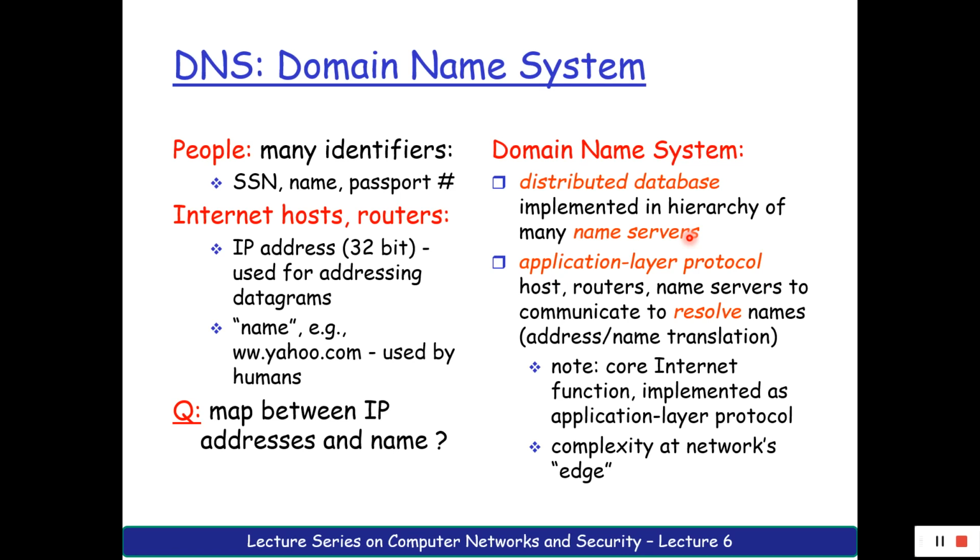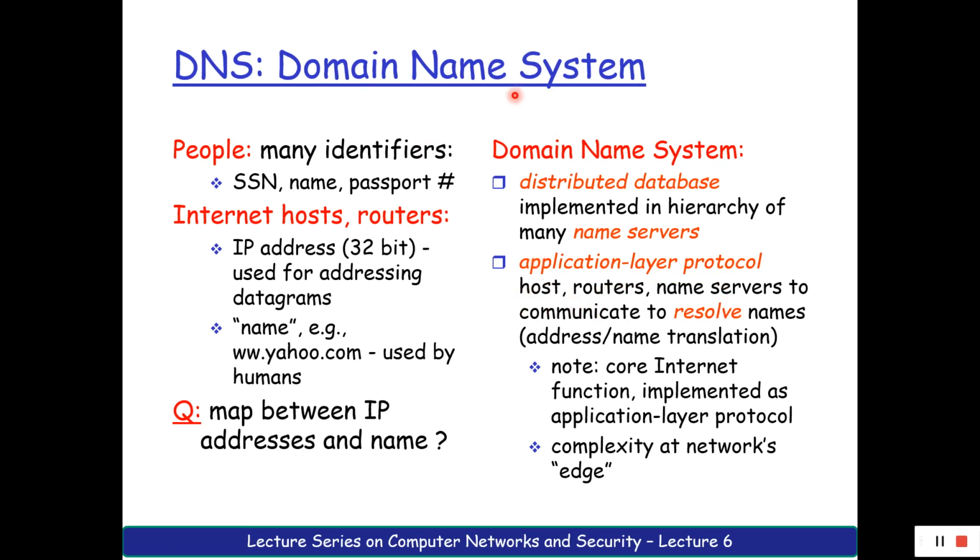Why do we do that? Because every machine's identification is given by the IP address and not the names. Machines cannot understand names, they can understand only numbers, and whatever these conversions are occurring, they are occurring in the application layer. And this domain name system is an application layer protocol itself.